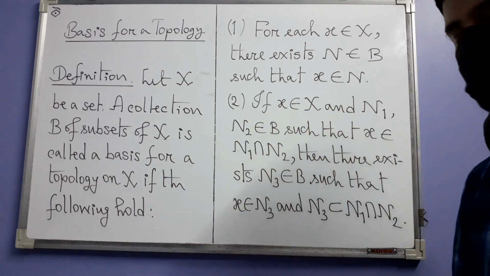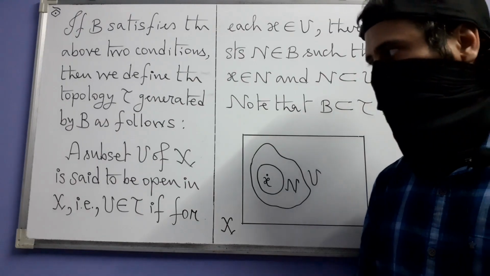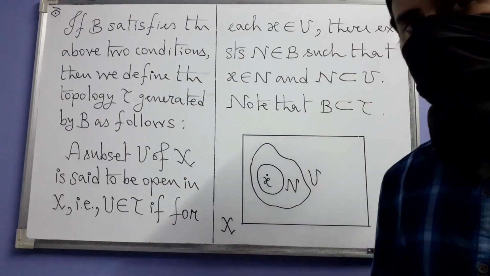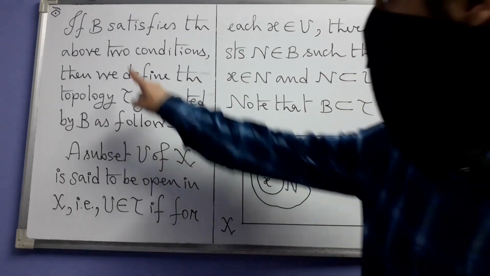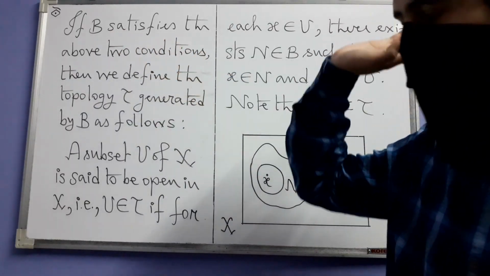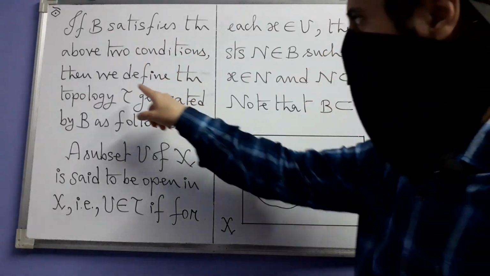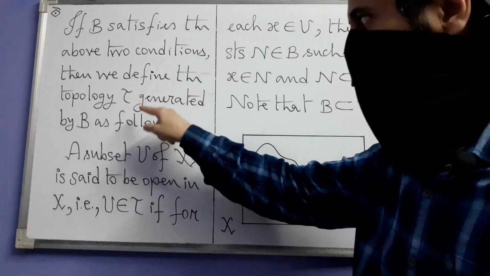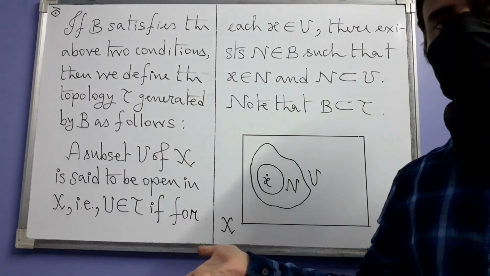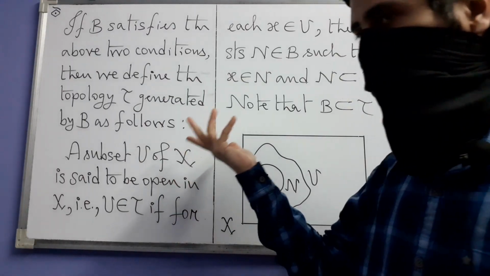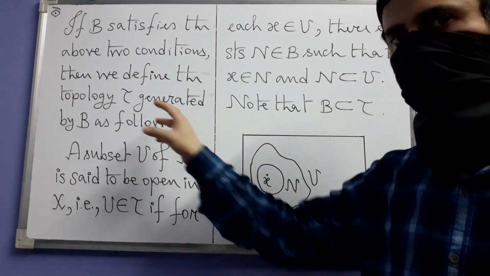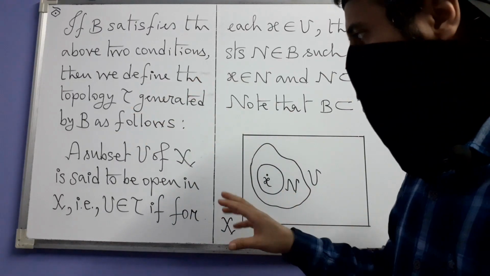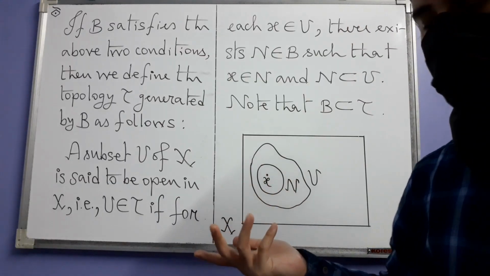That comes next. Okay, so next comes the topology generated by this basis B. If B satisfies the above two conditions in the definition of a basis, then we define the topology tau generated by B as follows. The topology that this basis B will generate, we are calling it tau. And what will be the elements in tau?